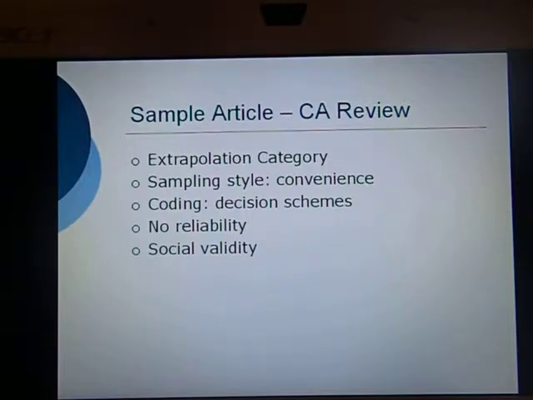The coding utilized in this article was decision schemes. So the very first thing they did was take job descriptions and code them to determine which business licenses or certificates and which technical skills were, in fact, required for someone to be considered for those jobs. They then looked at student resumes, course syllabi, and required textbooks and analyzed those to determine if those original codes, the licenses and the technical skills, were in fact present in those items.